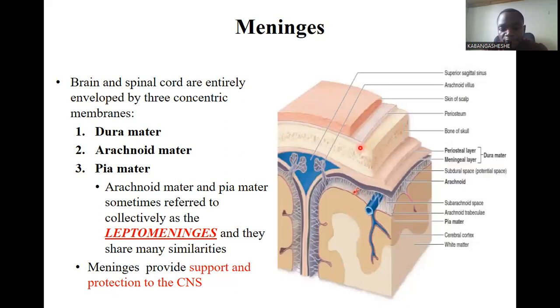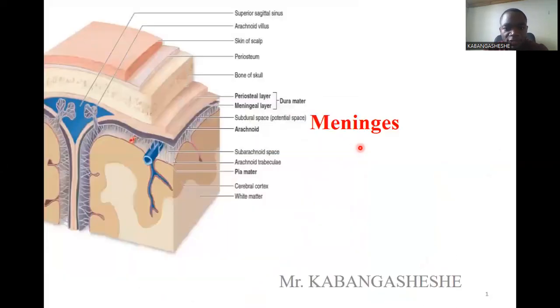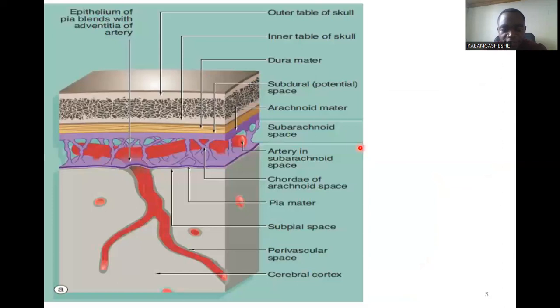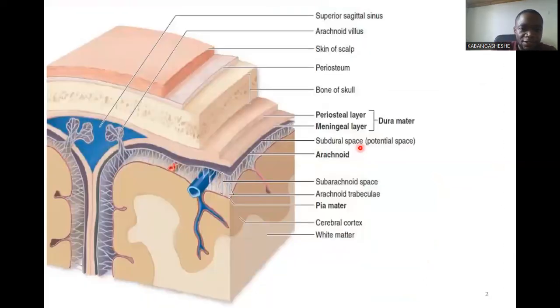Okay. So let's look at these meninges now one by one. We'll start with the dura mater, which is the outermost meninge. It's called dura because it's tough. So it's called tough matter. In other terms, it can also be called the pachymeninge. Pachymeninge refers to these two layers of the dura mater.